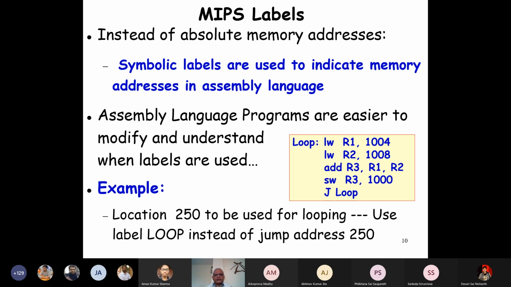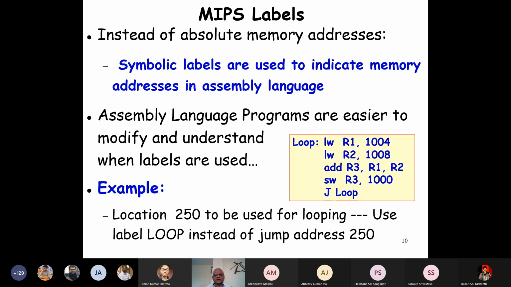These are symbolic labels which we will give to instructions, and we can jump to that label. We don't have to really count how many instructions. The assembler will take care to actually compute the exact address. It frees us from remembering the exact location where the program is getting stored.